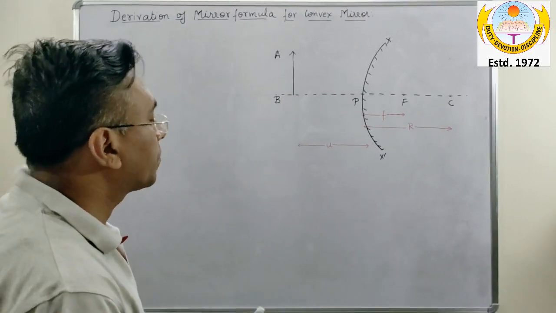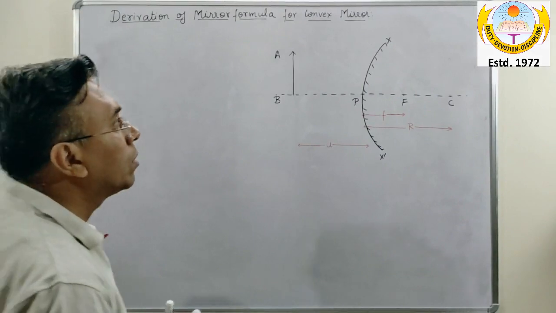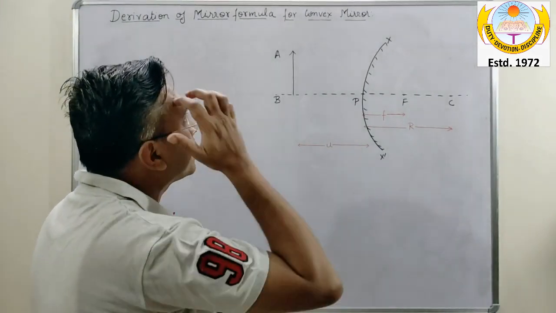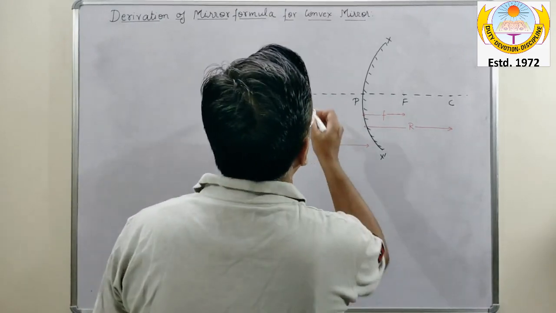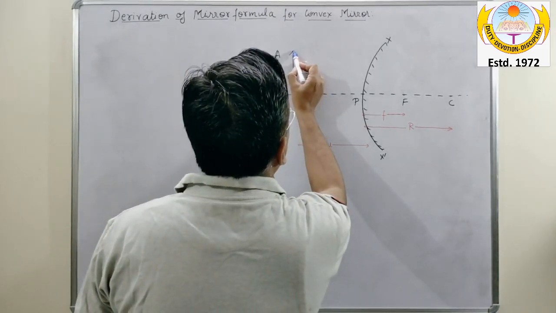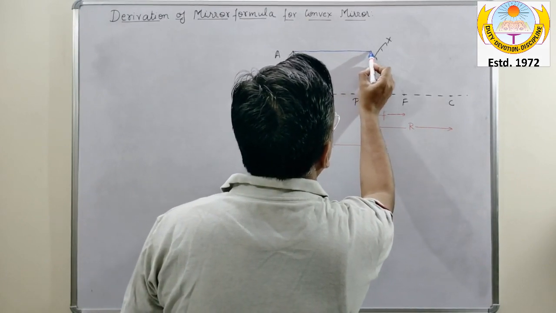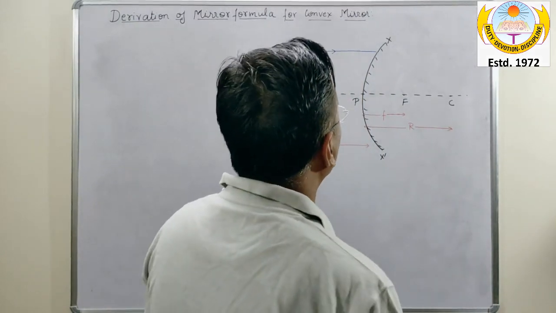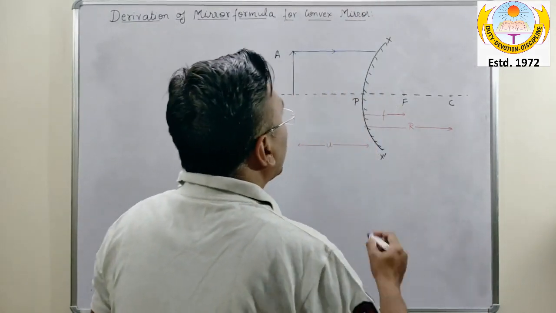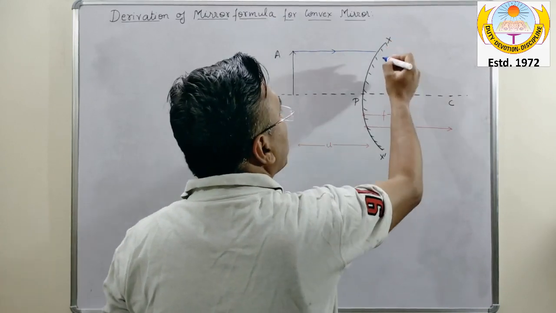Now let's begin. In order to derive the mirror formula, the very first thing we need to do is trace the position of the image. For that, from point A, if I draw a ray parallel to the principal axis, then after reflection, the reflected ray will appear to be coming out from the focus.